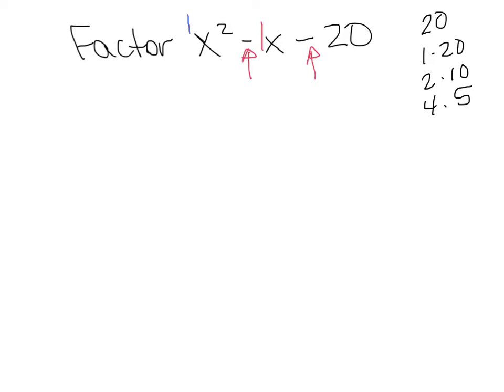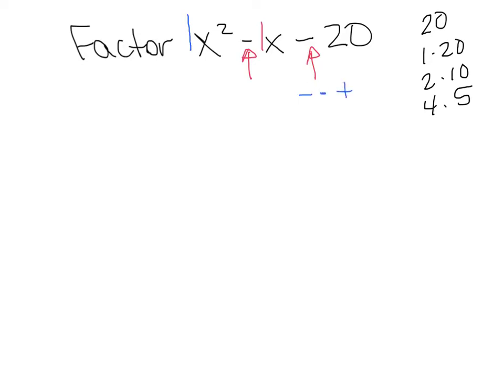Just a reminder, the expressions that we're looking at right now, the x squared term has a coefficient of 1. Now I know that in order to get a negative for that constant term, I've got to be multiplying a negative times a positive.